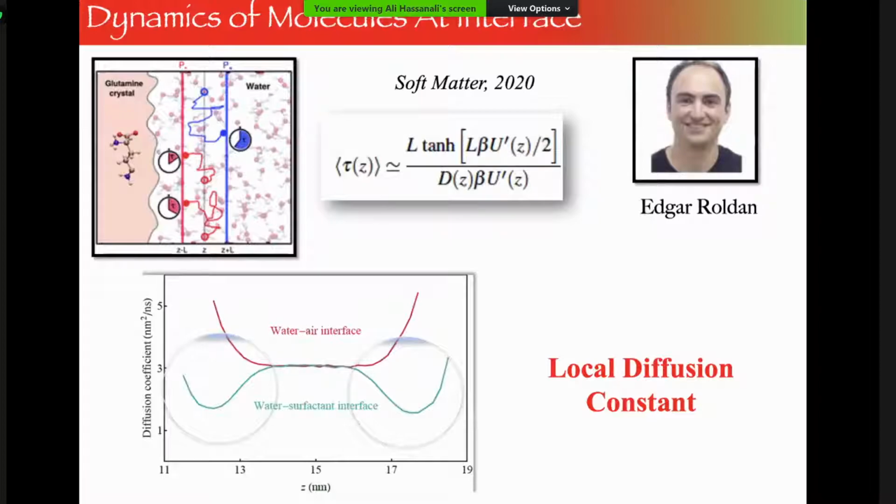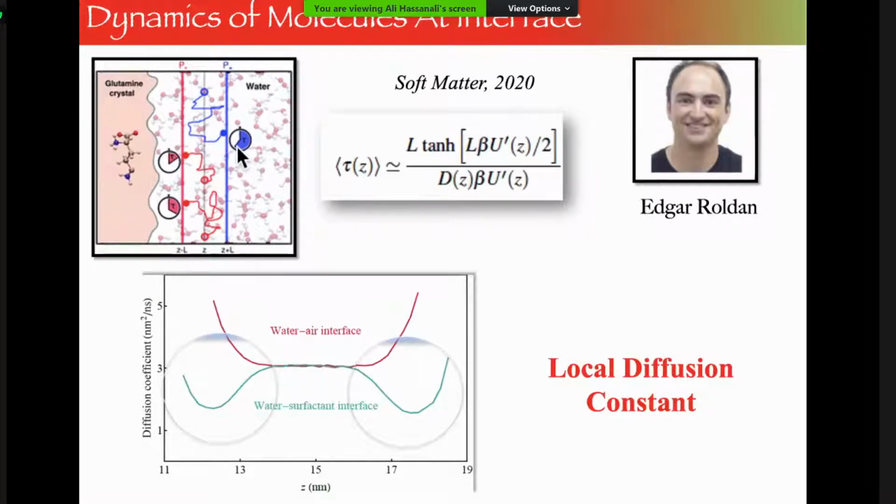So finally, the last thing I wanted to mention: I told you about elastic properties, dielectric, and finally dynamics. This is a very interesting collaboration with a colleague of mine here at ICTP on trying to use a molecular clock on the computer to investigate how long it takes particles, which could be water molecules for example, to cross different boundaries in different systems.